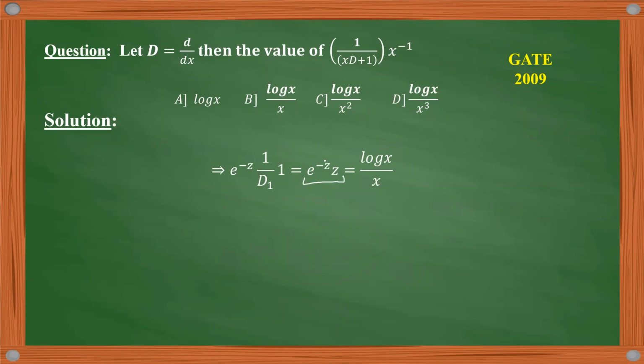In place of z, we replace it using x is equal to e power z. So our solution will be log x upon x. Which option is correct now? Option D is the correct one. It's a very interesting, very simple question. We don't need to find any solution. We just make a little substitution, x is equal to e raised to z, and our solution follows.